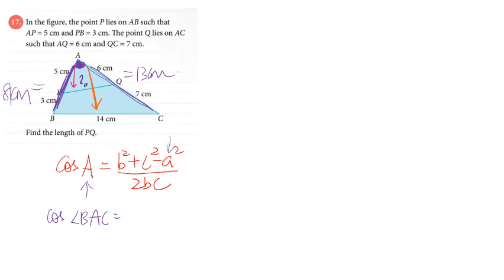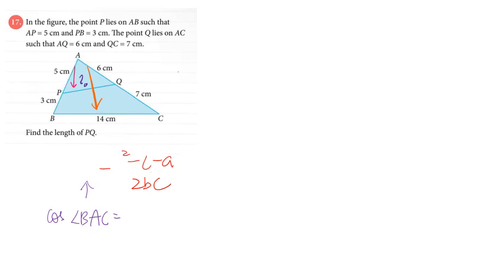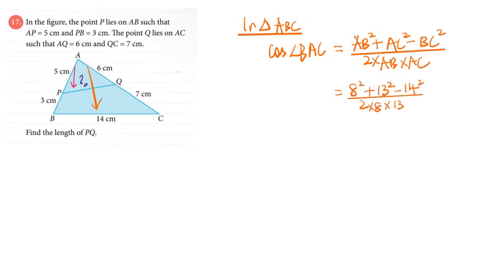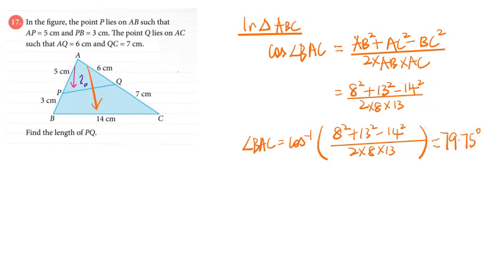Then of course, your A will be 14. A is the one that's opposite your angle BAC. Okay, so this is how we can use the formula. So the value for AB will be 8, AC will be 13, BC is 14. So let's substitute in all the values. All right, and angle BAC will be 79.75.